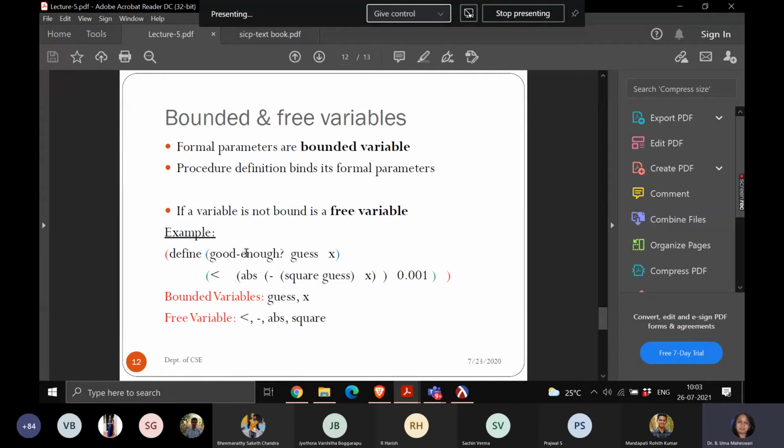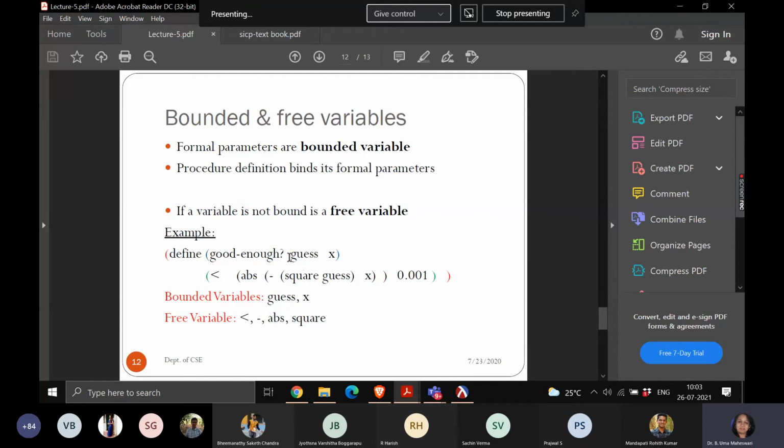Yes, a bounded variable is nothing but a formal argument. The formal arguments are bounded to the logic of the procedure. That is why guess and x are bounded variables. If you look at this, what are the free variables? Less than I can use anywhere, right? ABS I can use anywhere.